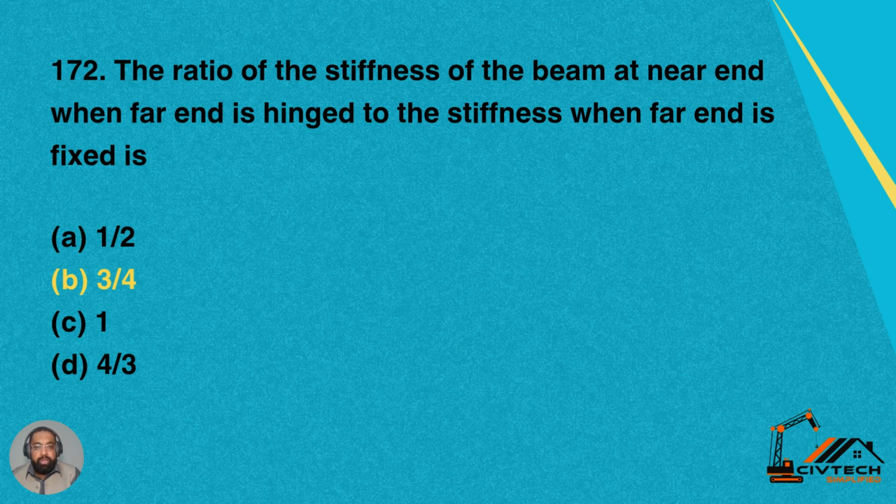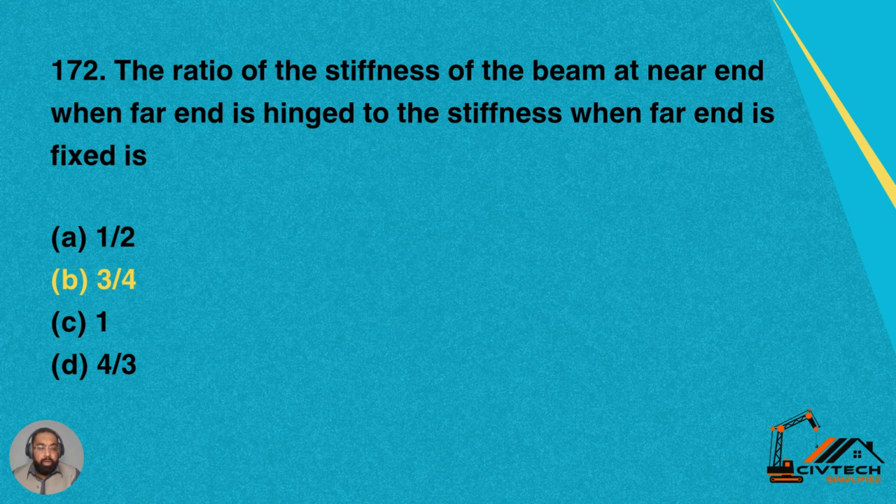Question 172. The ratio of the stiffness of a beam at near end when far end is hinged to the stiffness when the far end is fixed is: A is 1 by 2, B is 3 by 4, C is 1 and D is 4 by 3.